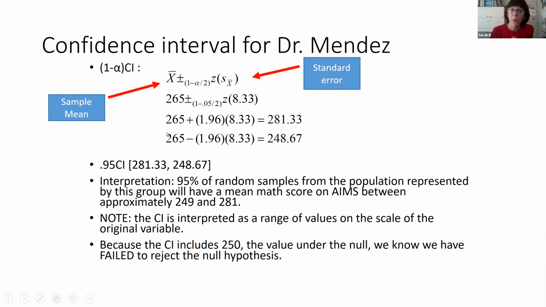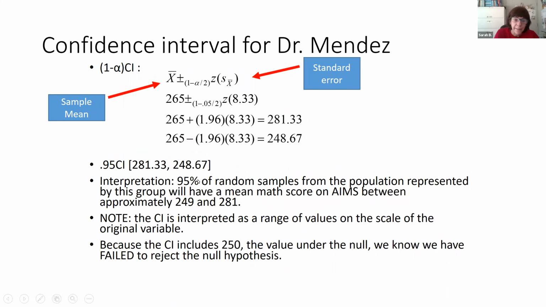So we're going to add the value of this product to 265, and we're going to subtract it. So we're going to have two ends. That's why it's called an interval. Two ends, a lower end and an upper end. The upper end of the confidence interval is 281.33, and the lower end is 248.67.